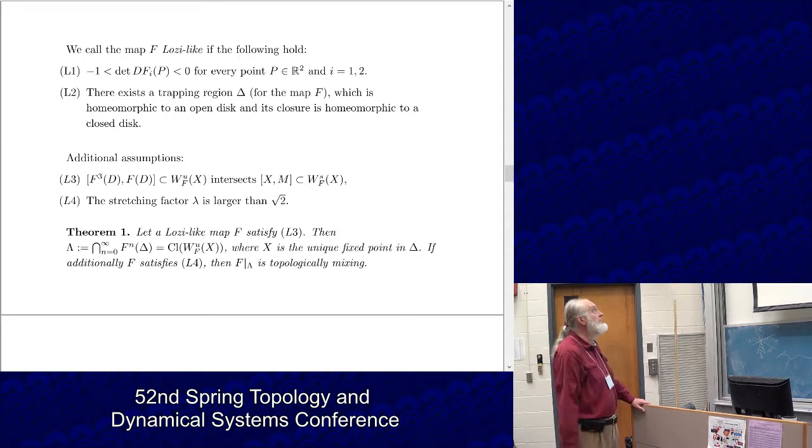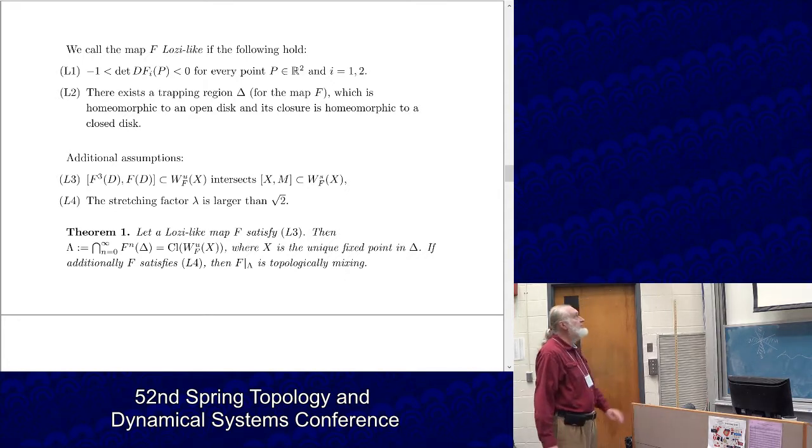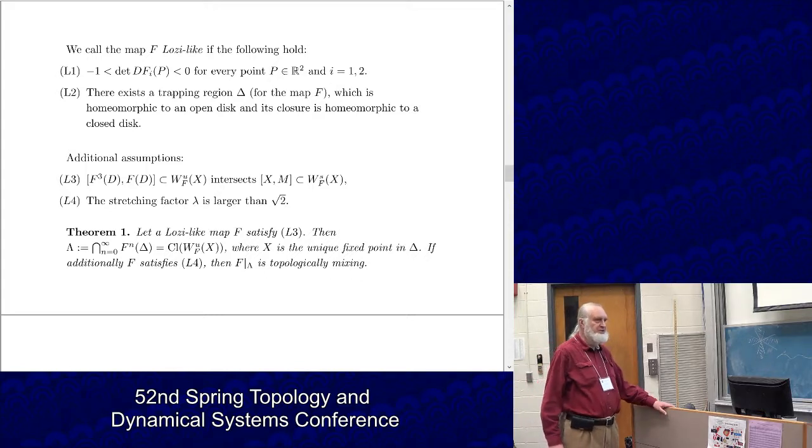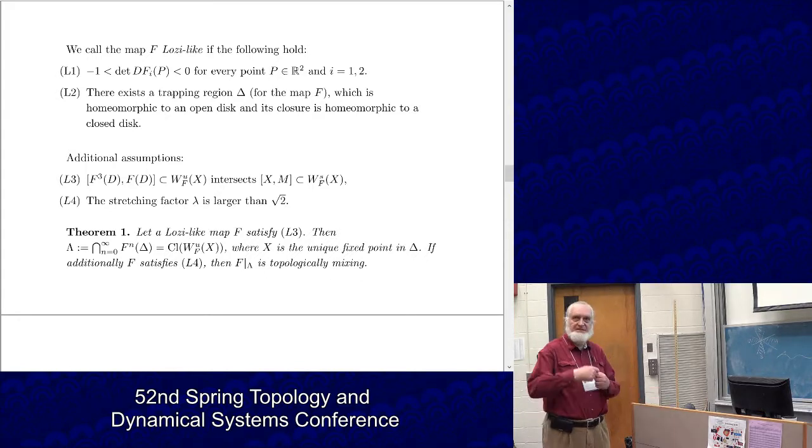But here it's an assumption. And then we make two additional assumptions. L3, I will show a picture in a moment what that means. And L4 is the stretching factor lambda, which we used in the previous definitions. So in the unstable direction there is stretching.